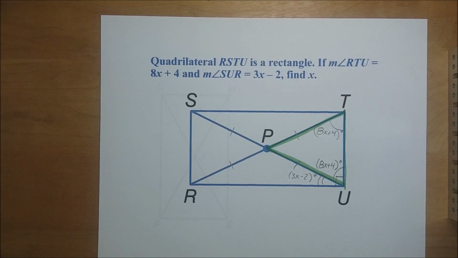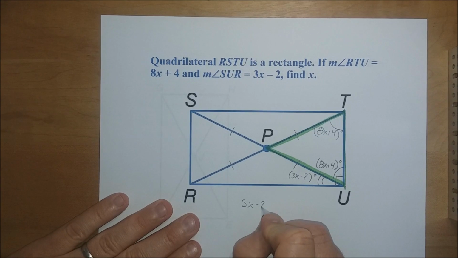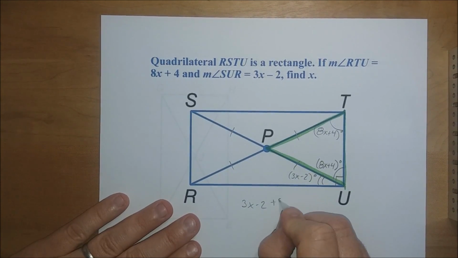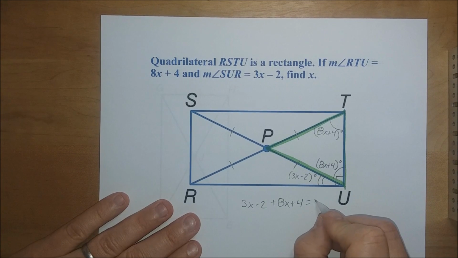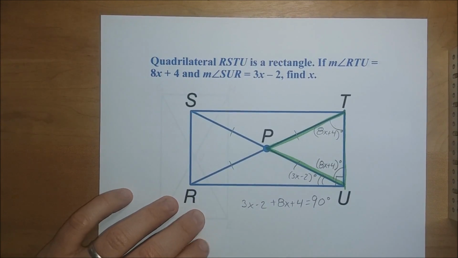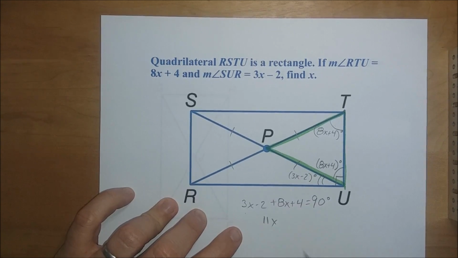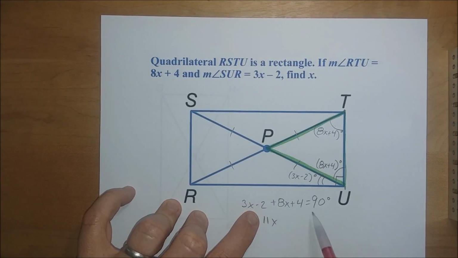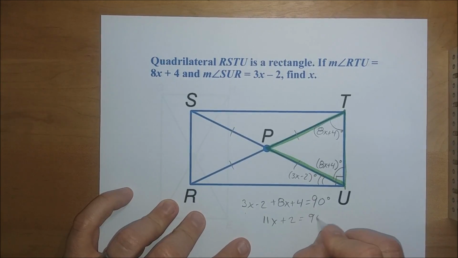What does that give us for an equation for solving for x? 3x minus 2 plus 8x plus 4 should equal what? 90 degrees. And when we combine our variable terms, 3x plus 8x, we get 11x. And when we combine our non-variable terms, negative 2 plus 4 gives us plus 2.